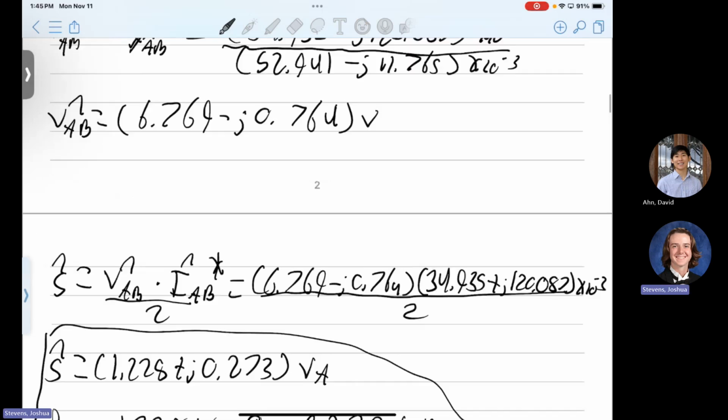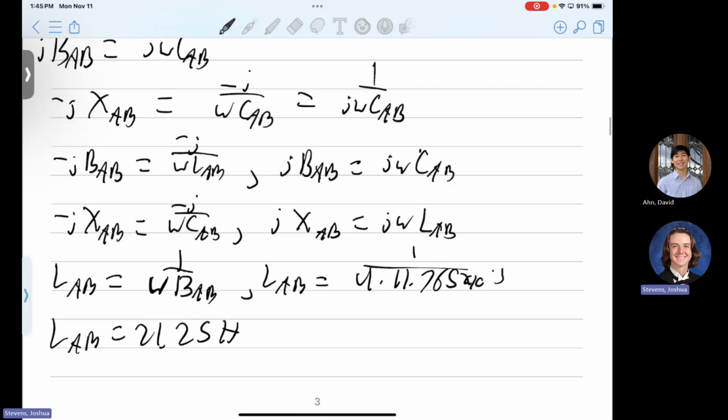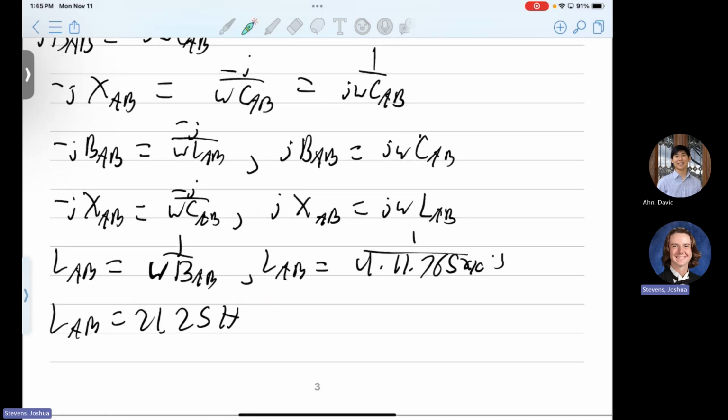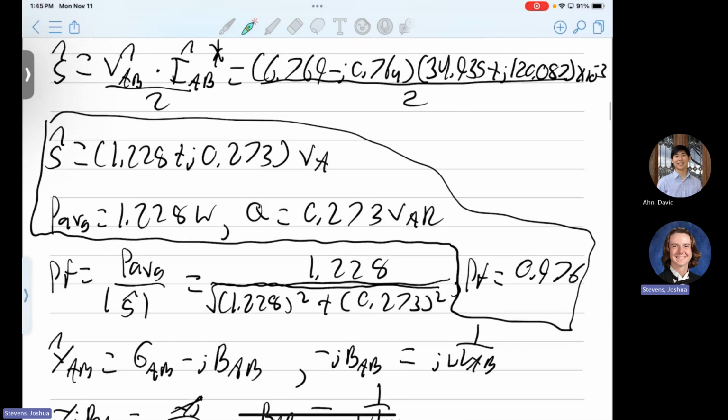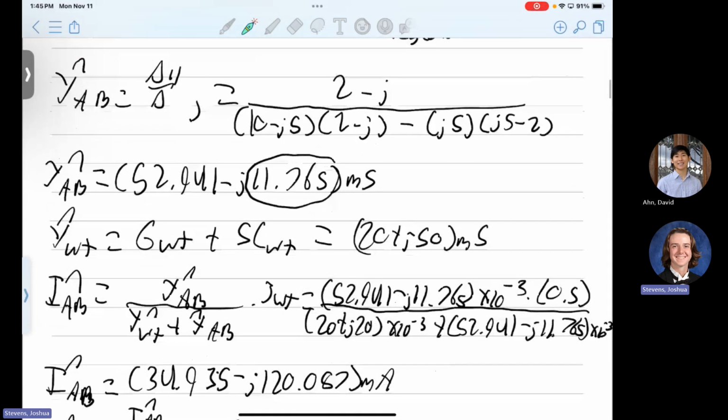What was the value of the inductive load we found? 21.25 henries. I know that is a large inductor. But yeah, the susceptance we found earlier was at 7.6. Let's delete that and just say this. All right.